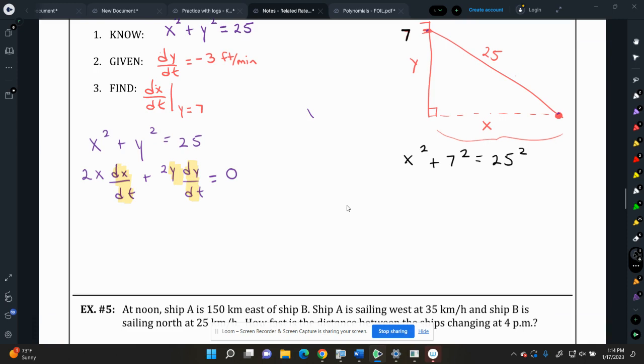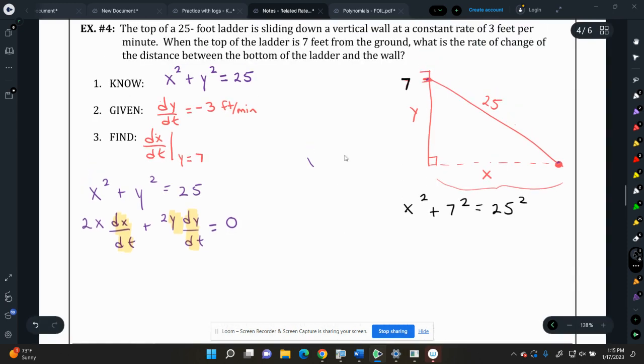Why is it 25 squared there, but not 25 squared there? It should be squared, but it doesn't matter because when I take the derivative, it's still 0. Carson, please, come on, we're trying to get done here. Yes, Lauren. Why aren't we just plugging in what we know?